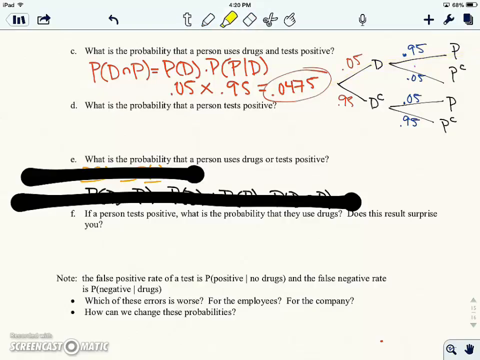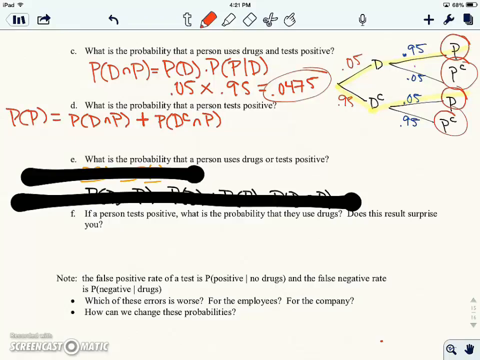And then it says, what is the probability that a person tests positive? Well, there are two ways to test positive. You could be a druggie and test positive, or you could not do drugs, but you're unlucky and you still test positive. So we have to look at it both ways. Probability of drug and positive, or the probability of no drugs and positive. And that would give us the probability of being positive. We have to do it this way because we only know the positives based off of if they do drugs or not.